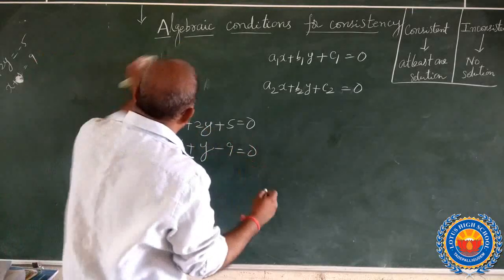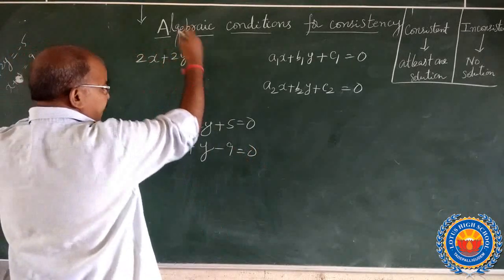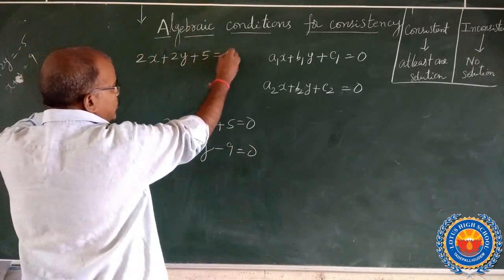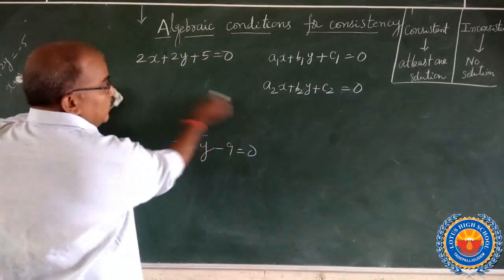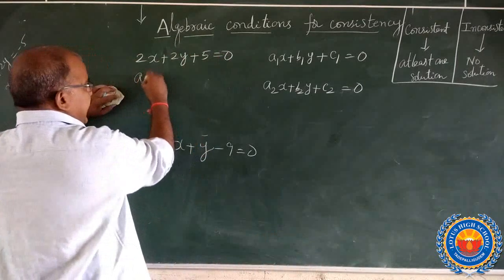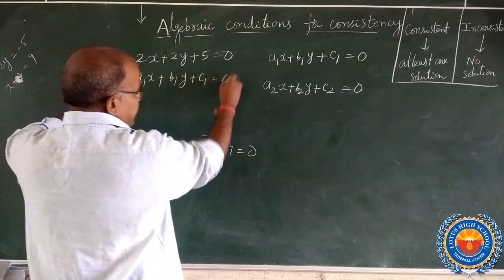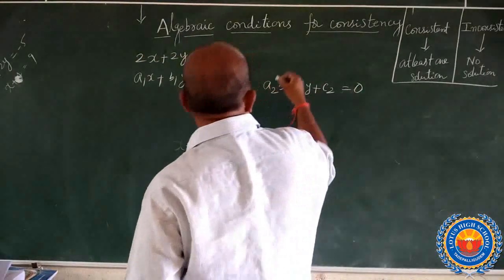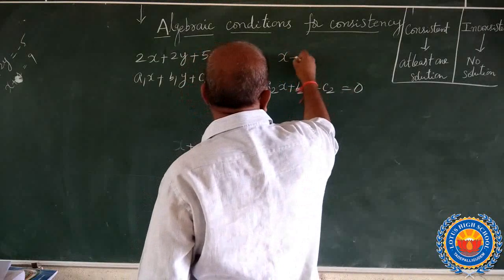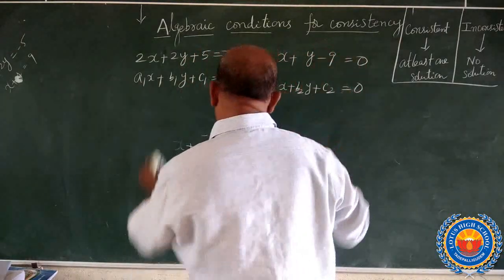Let us write these equations here. 2x plus 2y plus 5 is equal to 0, compared with a1x plus b1y plus c1 is equal to 0. Next equation, x plus y minus 9 is equal to 0.